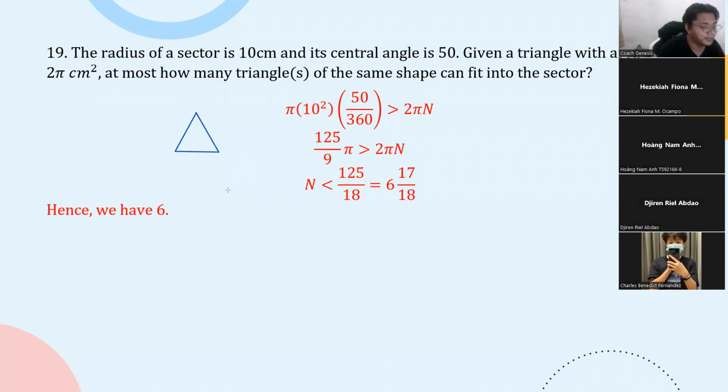Then that means that if you try to imagine, you cannot actually cover all of the sector. That means you have a greater area than the number of triangles times its area. So that is why you have greater than instead of greater than or equal.